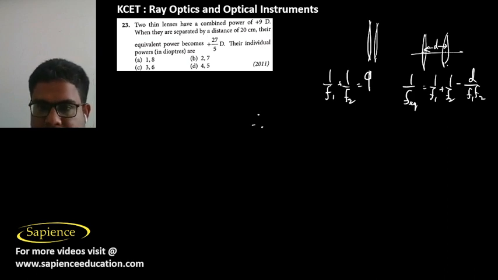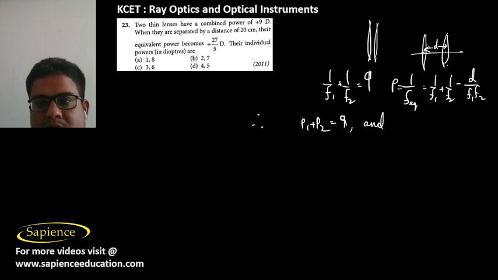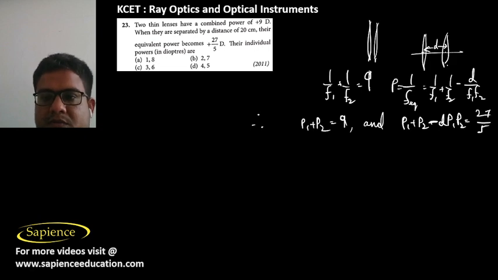Therefore, this is the equivalent power in this case. P1 plus P2 is 9, and P1 plus P2 minus d into P1 P2 is equal to 27 by 5.